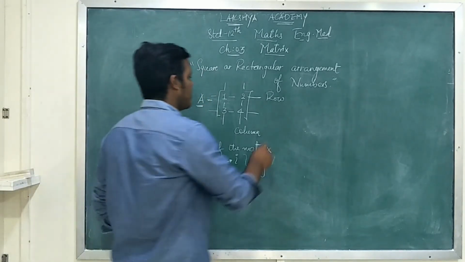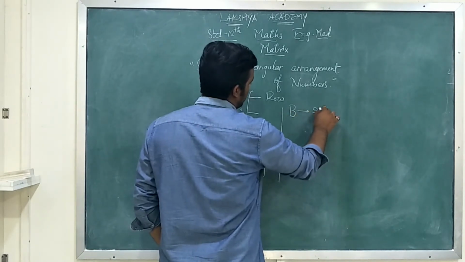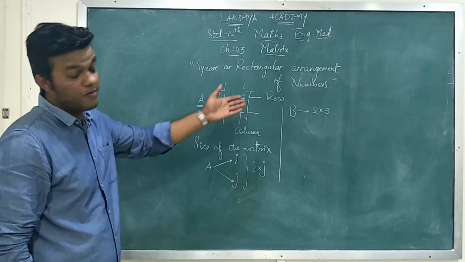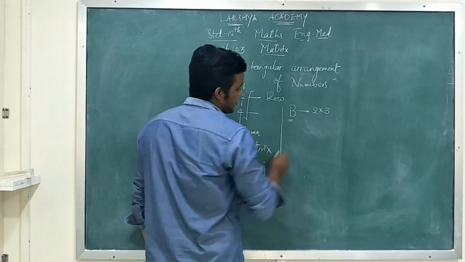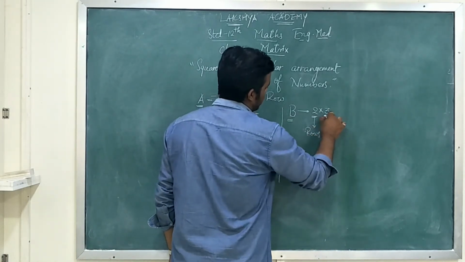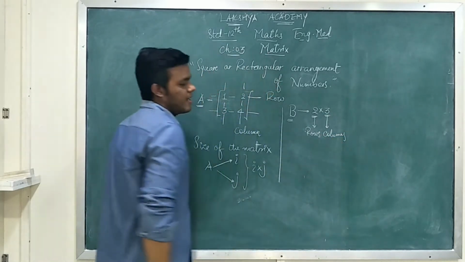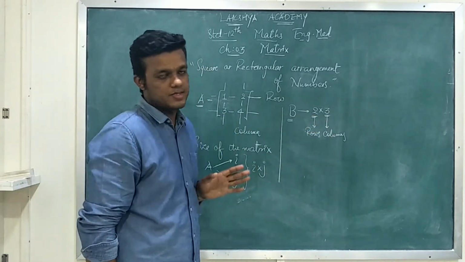So if I tell you matrix B has the size of 2 cross 3, what can you tell me about the matrix B? It will have 2 rows and 3 columns.